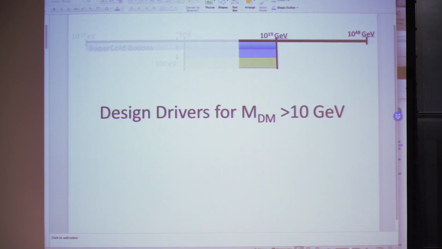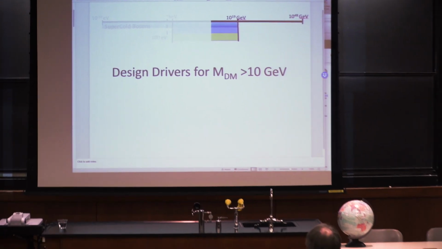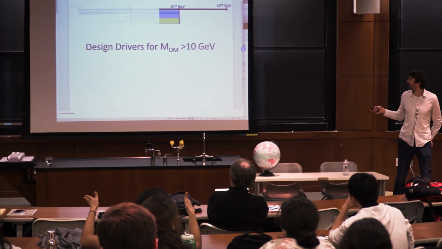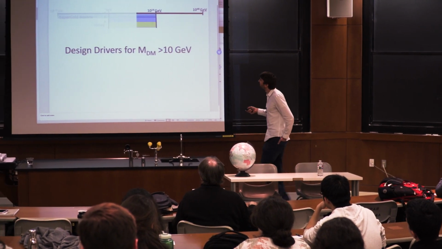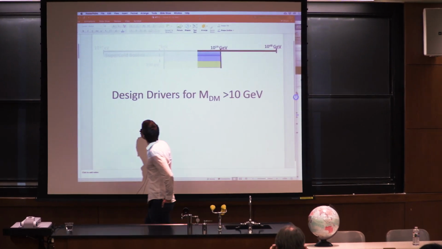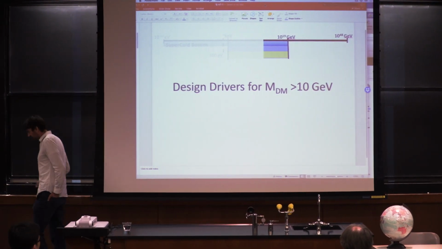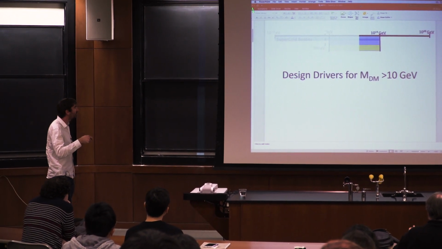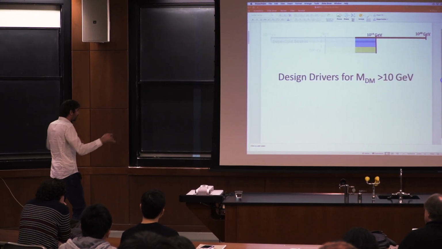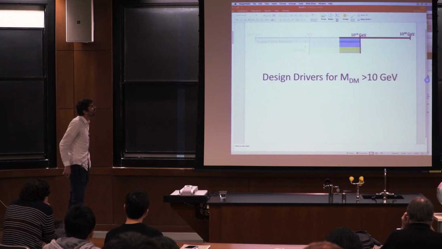Question. Yeah. Why did you choose the minus 22 and 48? Why not higher or lower? Oh, OK. So minus 22 is basically the scale of galaxies.